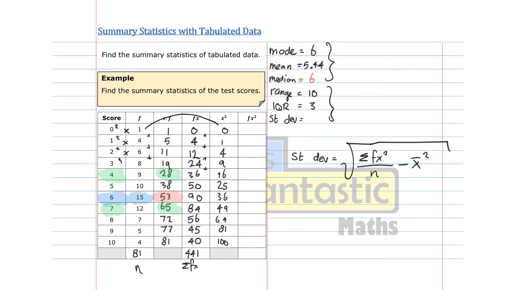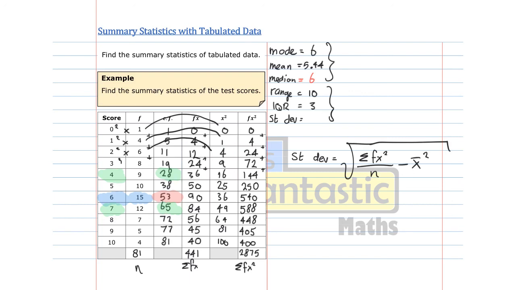So 1 times 0 is 0. 4 times 1 is 4. 6 times 4 is 24, etc. And then, lastly, we want to add up all of these numbers to find out what our sum of fx squared is. That is 2,875 in this case.